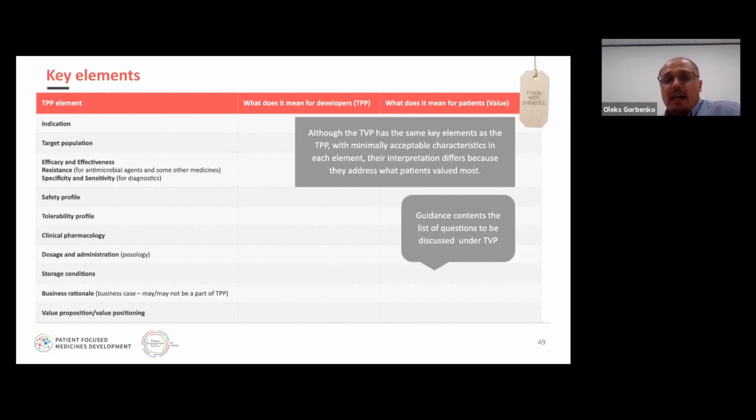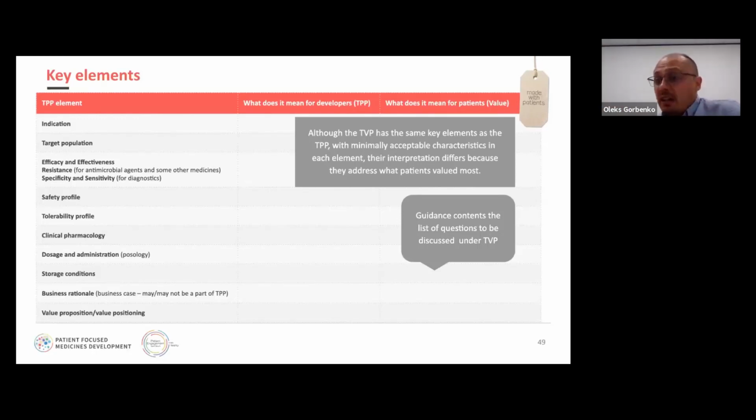And if you can see, these are very basic expectations from the product in terms of indication, target population, efficacy, and effectiveness. If you're talking about antimicrobial agents and some other medicines, it's resistance potential, for example how resistance could potentially grow in the future.